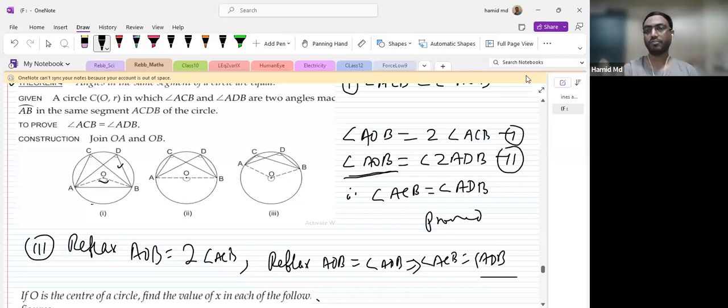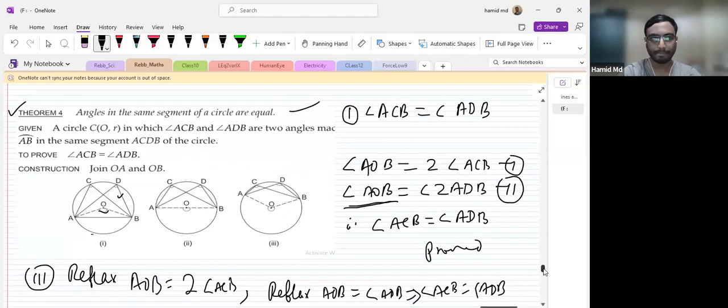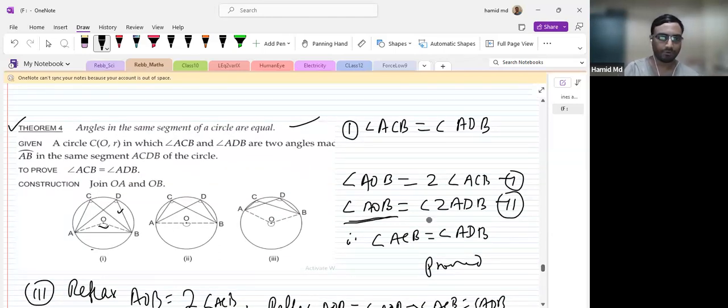Even drawing the figure will give you marks if you put all the given information, like these were the given informations here. Let me show you. To prove this line, this was the given information. We have to prove this. So you have to write that we have to prove this, and what theorem we use.